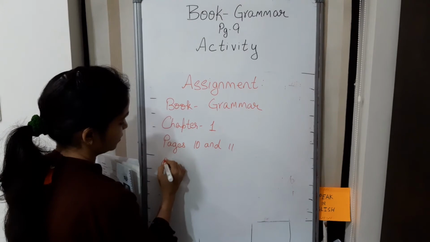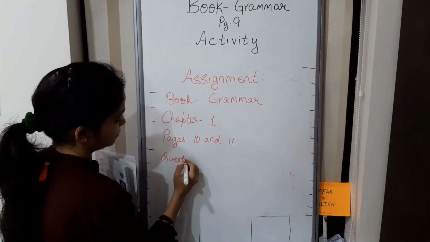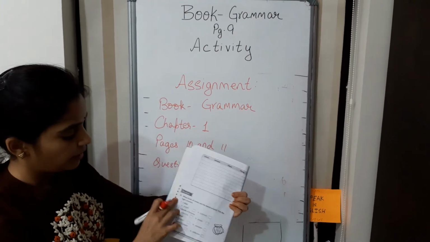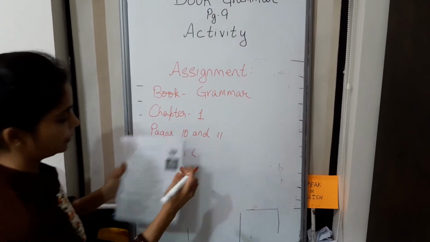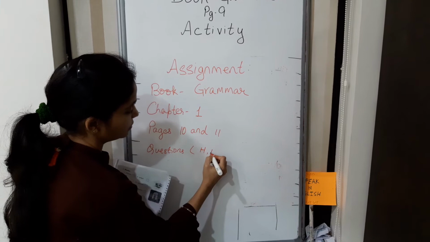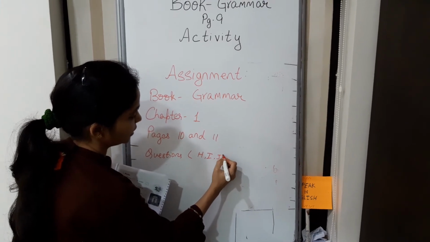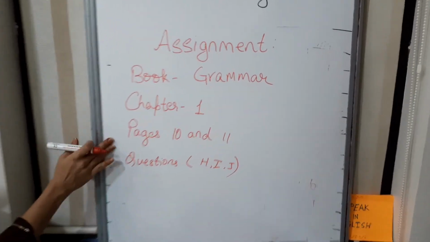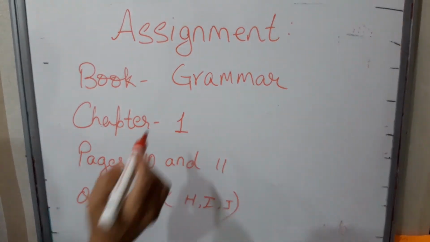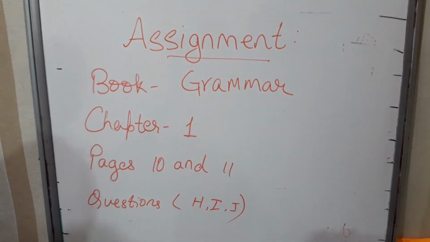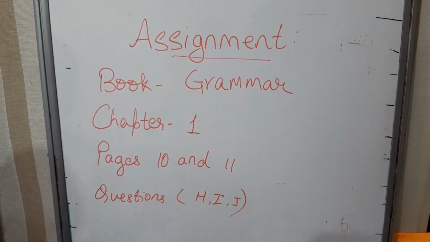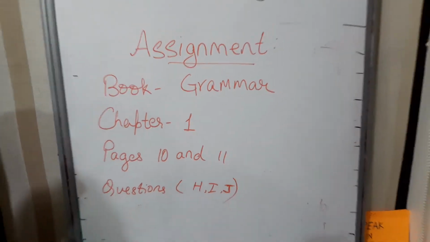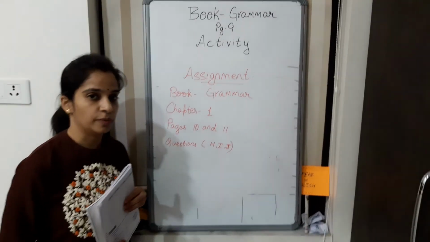Which questions? H, I, J. You can see nicely, students. This is your homework. This is your practice work. Okay? It's a revision of nouns. And here we complete our nouns chapter topic also.